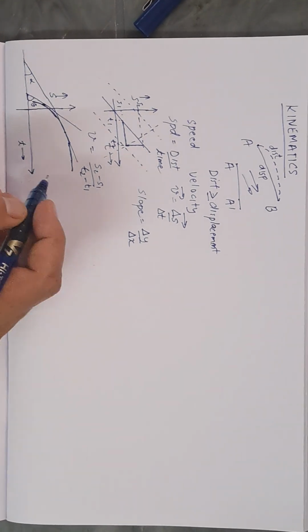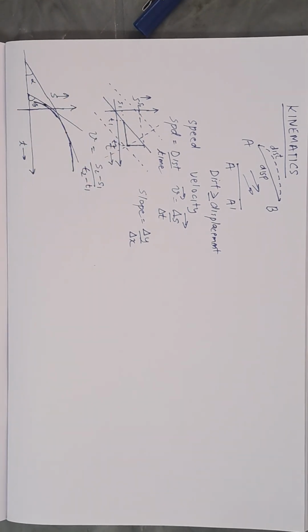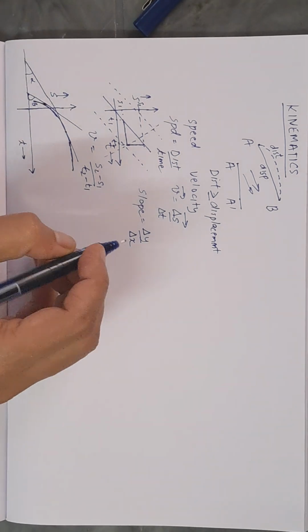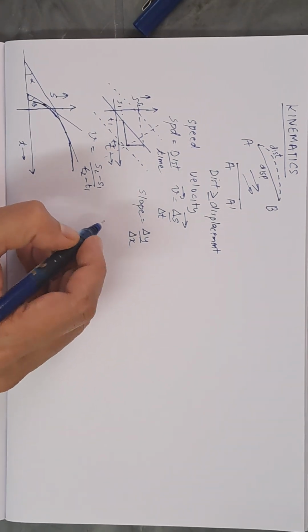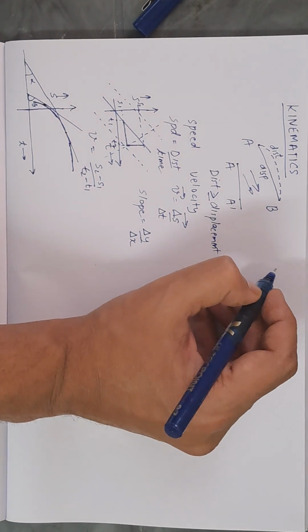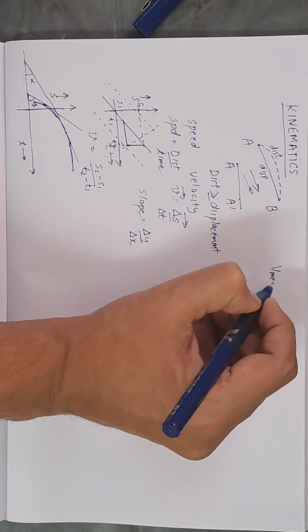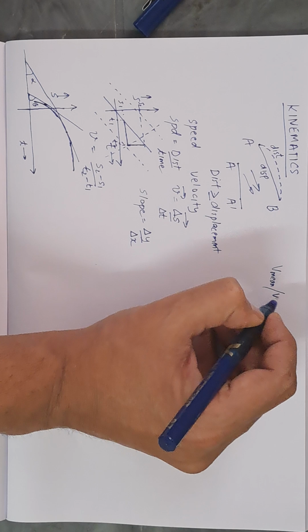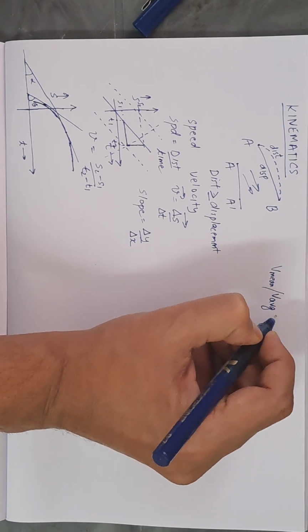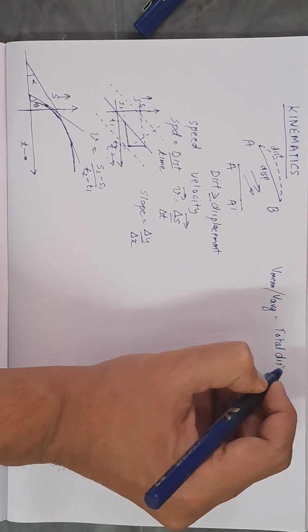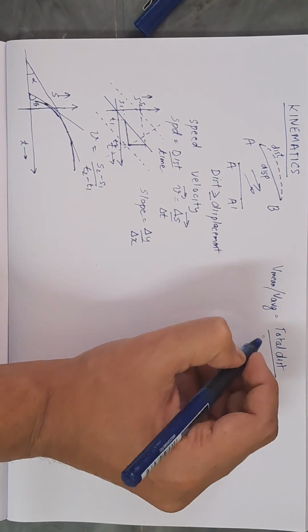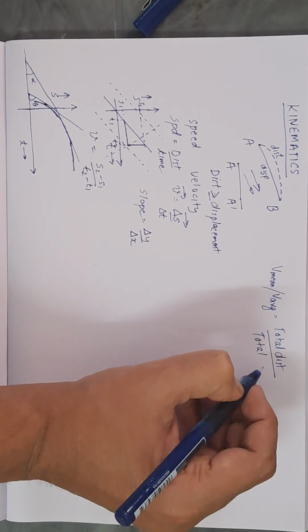Now, whenever there is a particle with a continuously changing velocity, there are two important terms that we talk about. One is the mean velocity, or we can also call that average velocity. This will be equal to total distance traveled, or total displacement, divided by total time.